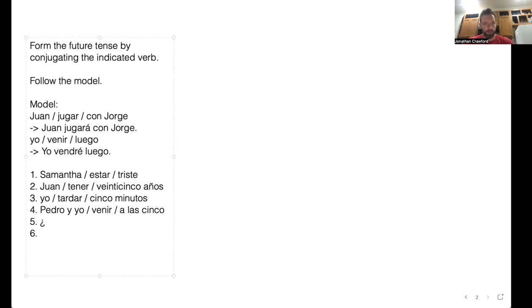And now let's do like a commitment one. Ustedes leer este libro. And then we can say, whoops, sí.